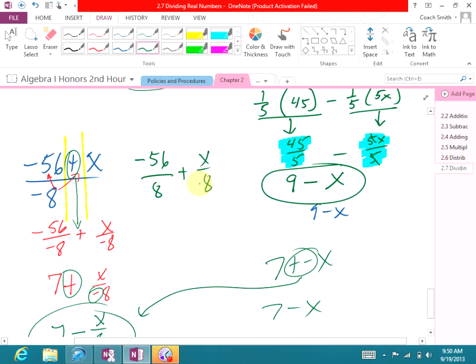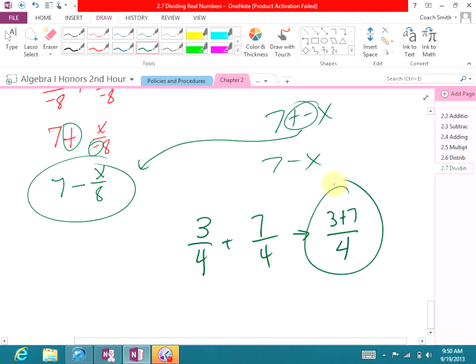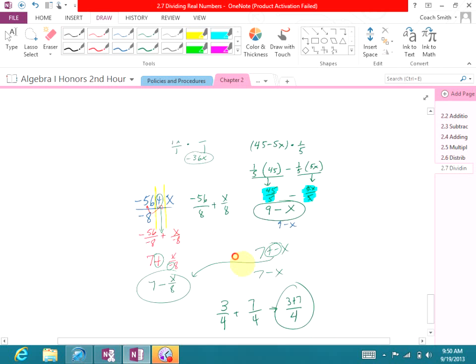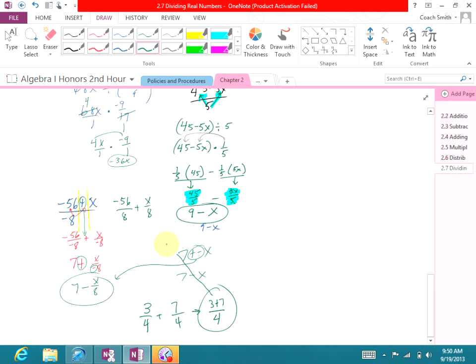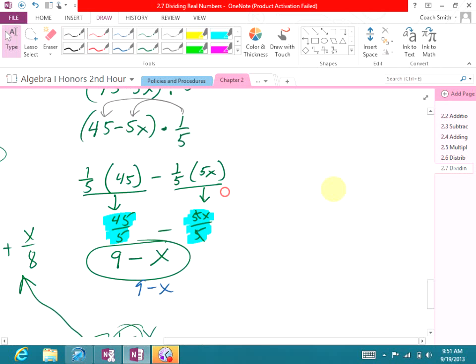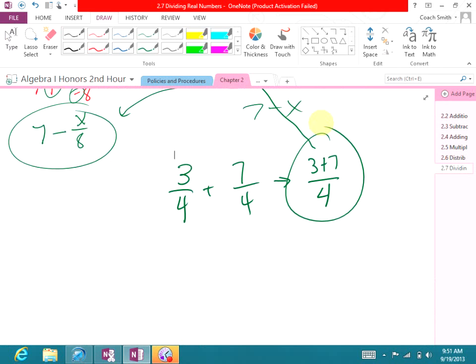I've got a variable, and it sort of throws people off. But this problem here, 3 plus 7 over 4, is exactly the same as that problem there. That's just what we can do with fractions. Any other questions? All right, let's quickly talk, because I'm running out of time.